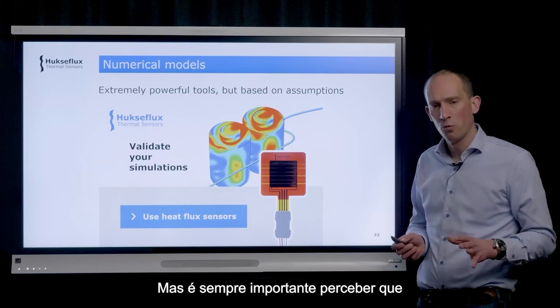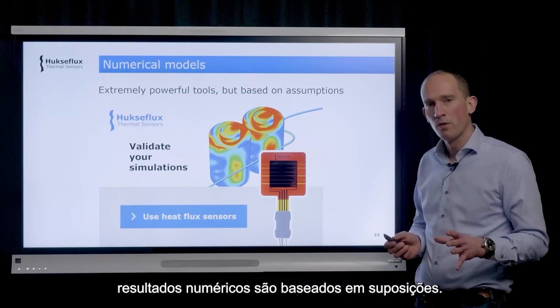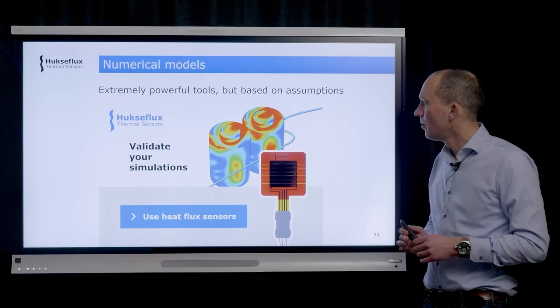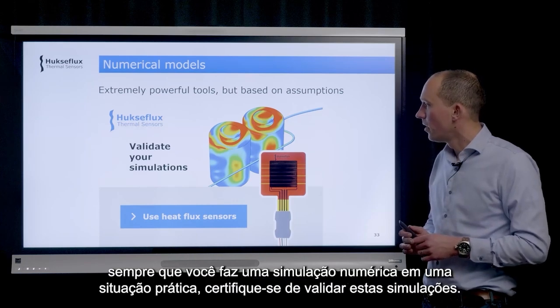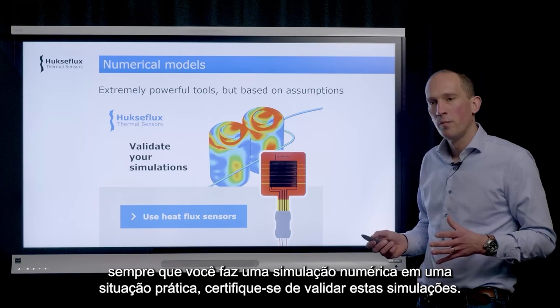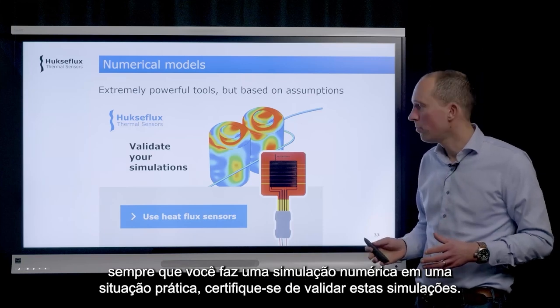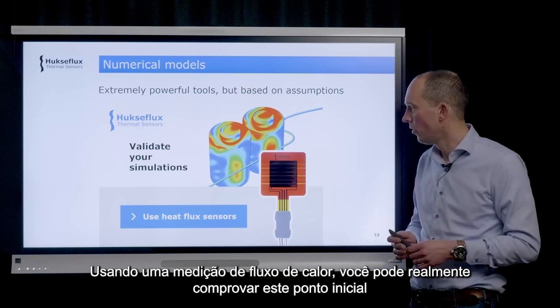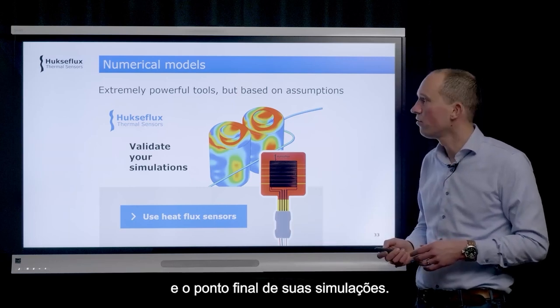But it's always important to realize that numerical results are based on assumptions. So whenever you do a numerical simulation on a real-world situation, make sure to validate those simulations. By using a heat flux measurement, you can actually prove the starting point and the finish point of your simulations.